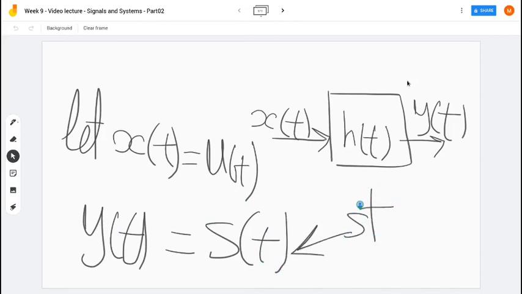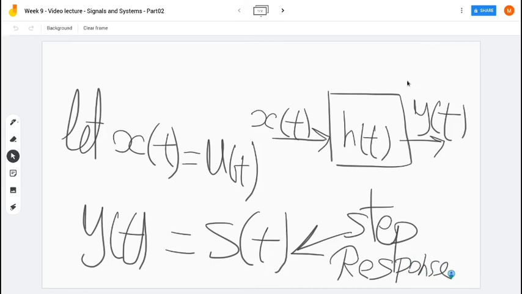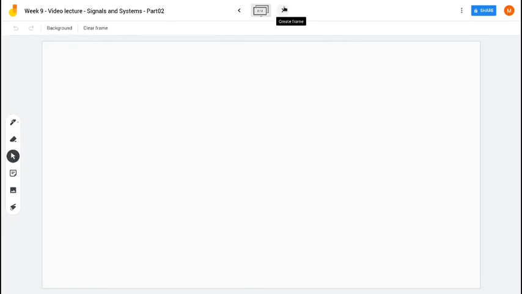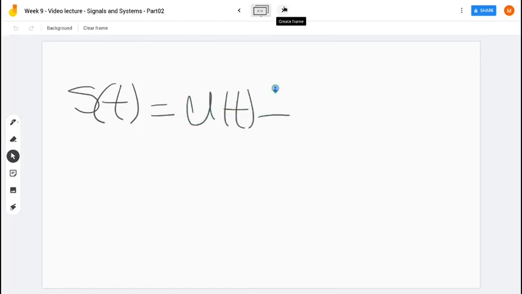So the step response is simply the output from the system if the input is a unit step. Basically, the step response s of t is the convolution of u of t and h of t.